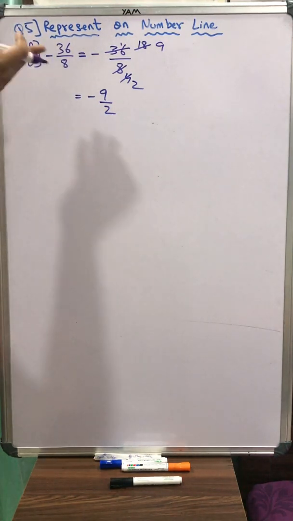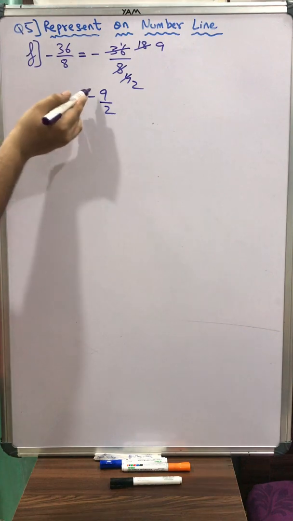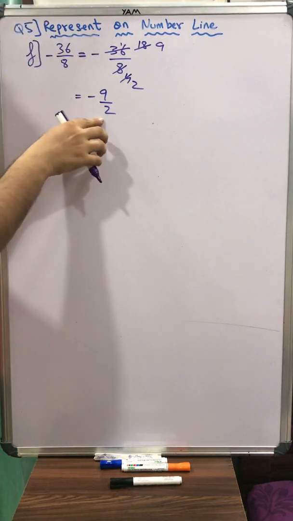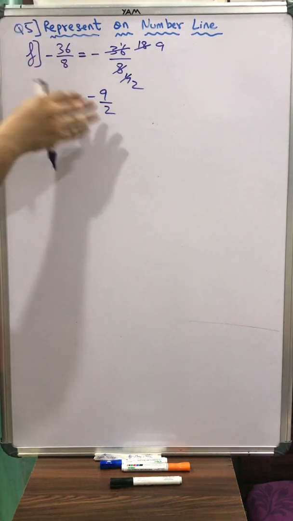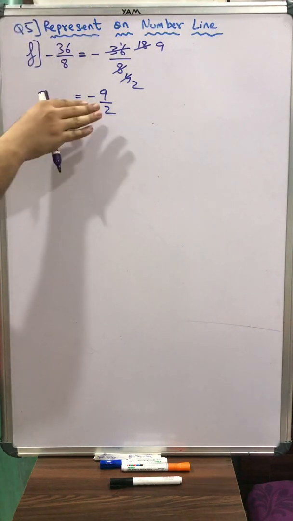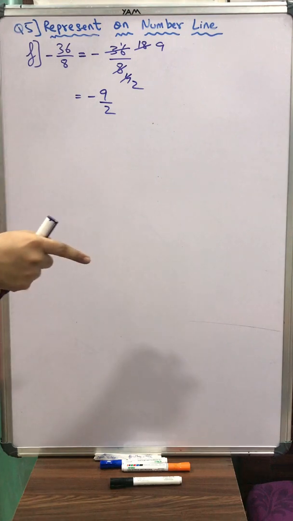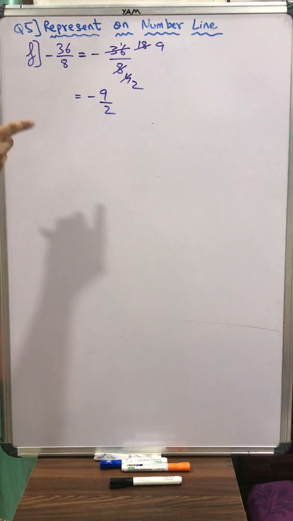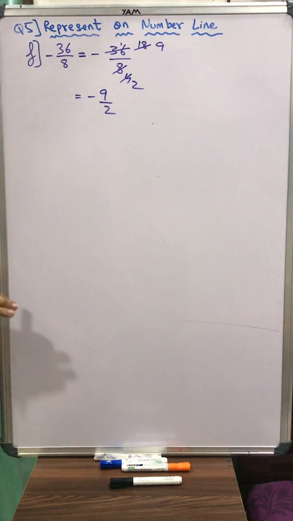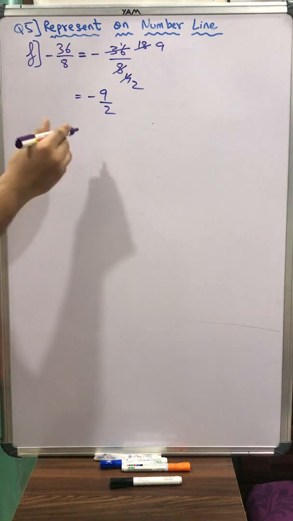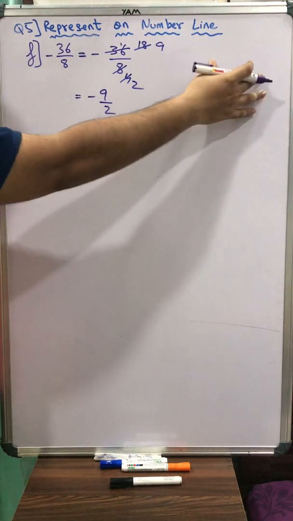Of course, it's once again an improper fraction. 9 is big as compared to 2. 9 is greater than 2. Numerator is greater than denominator. So it's improper fraction. So in the note I gave you, whenever we have an improper fraction, that is numerator is greater than denominator, always the first step is to do the division.